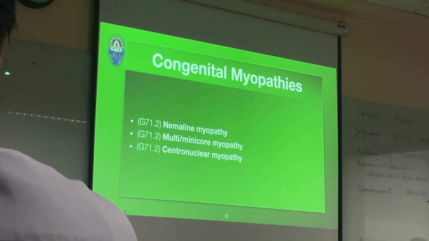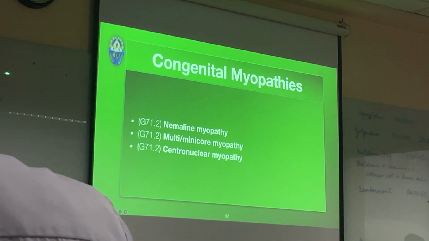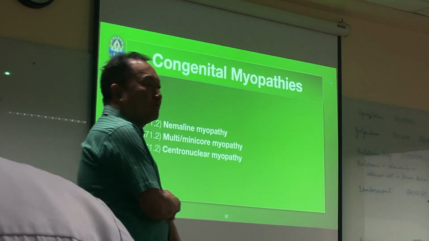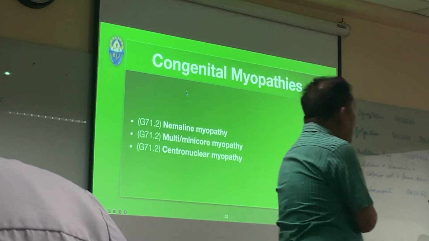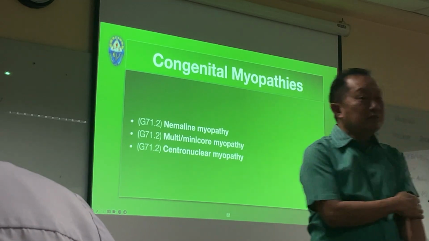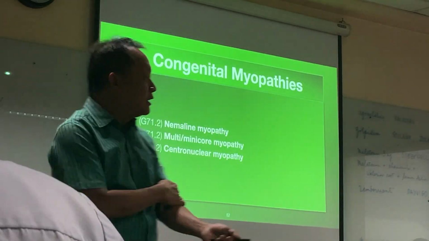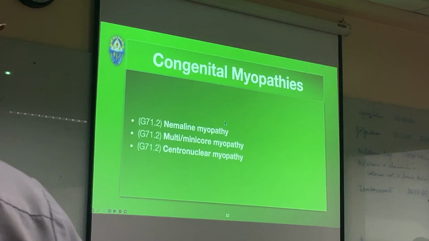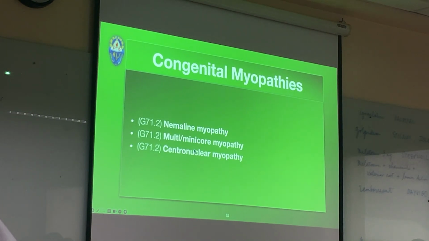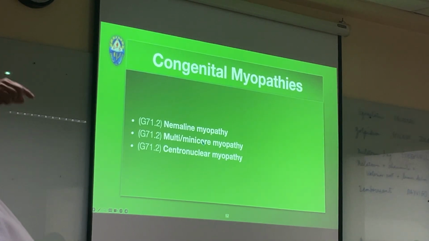Anong ibig sabihin ng Nemalin? Latin term for... Nemalin. Parang tiger. It has something to do with the tiger because the patterns are like stripes. Okay, no? So core, you see something in the core of the cell.